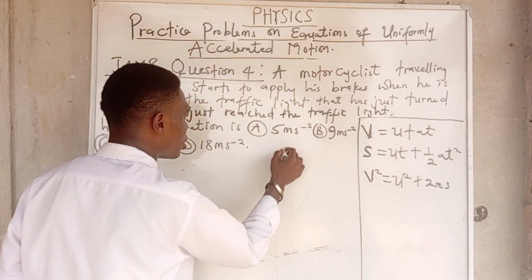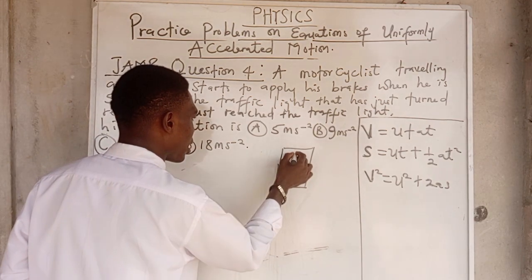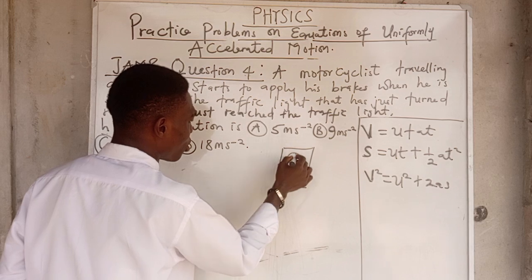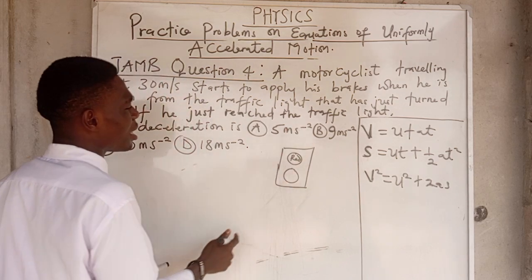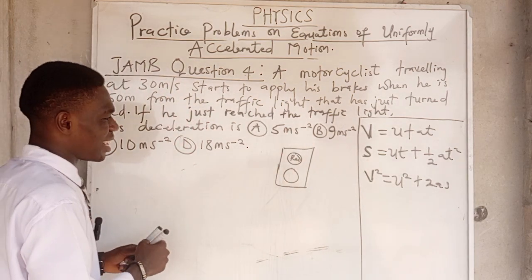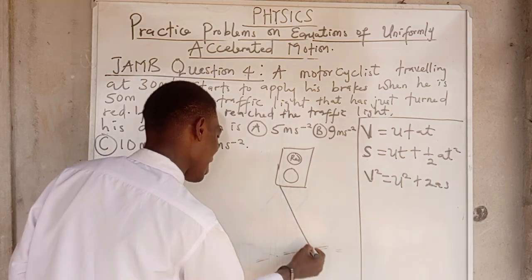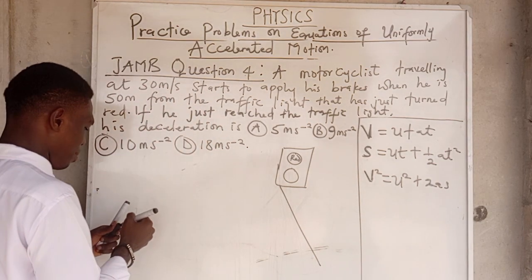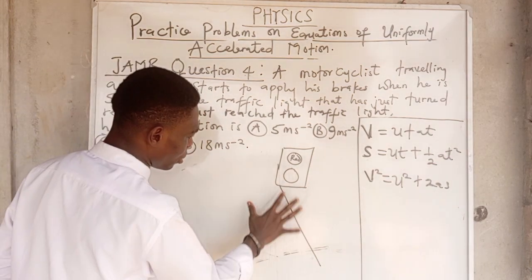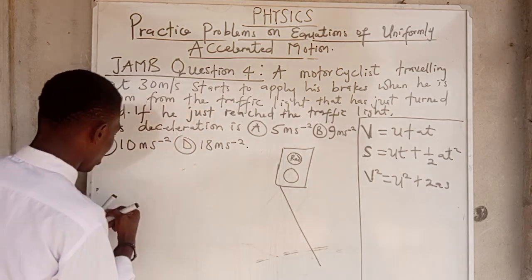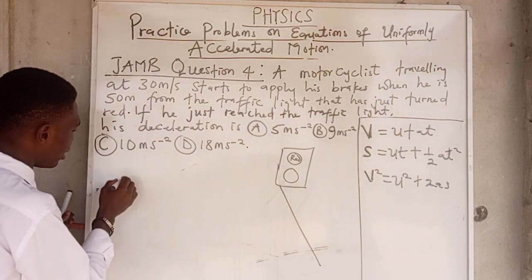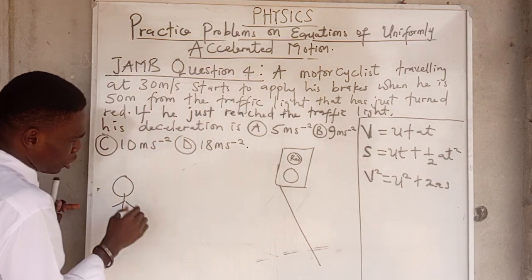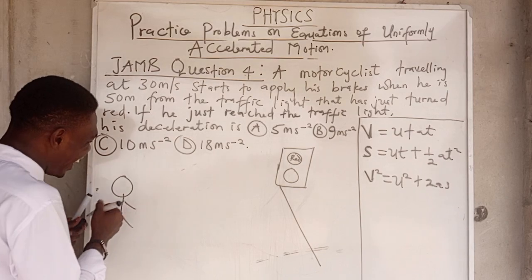So let's imagine that the traffic light is somewhere here and it has turned red. I'm sorry, I'm not with a red marker to illustrate that. Okay, and then this is the line which the road users are going to be stopping before they move on. So let's say the motorcyclist is here. Let me draw this. I hope you get me. All right, so this is the motorcyclist.